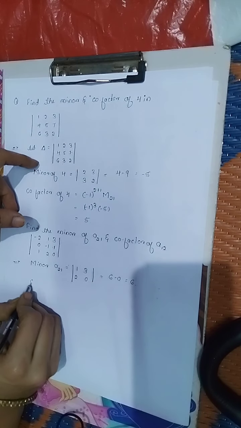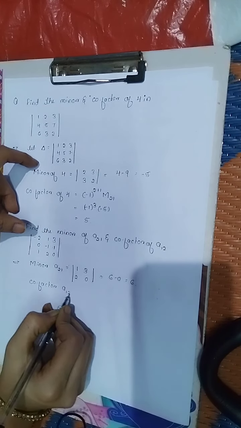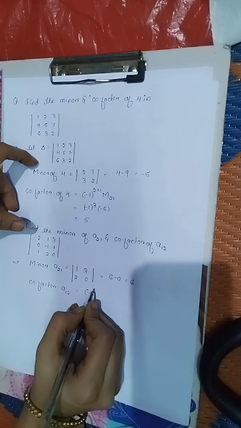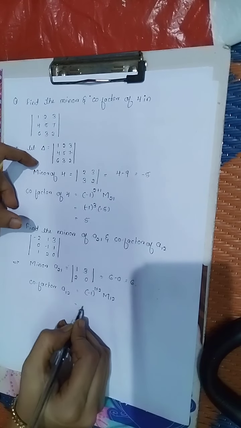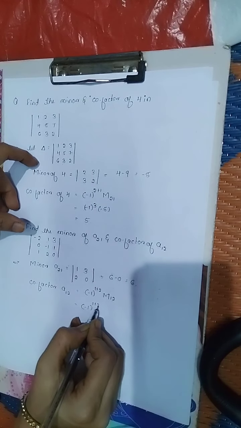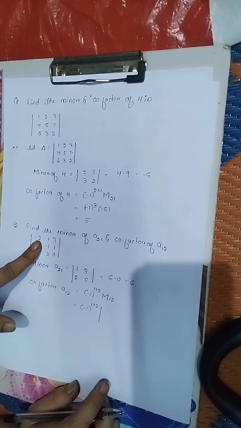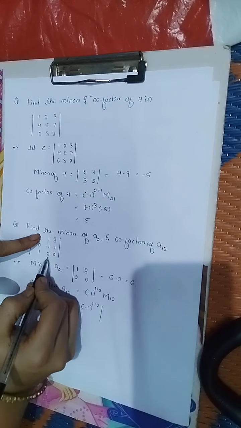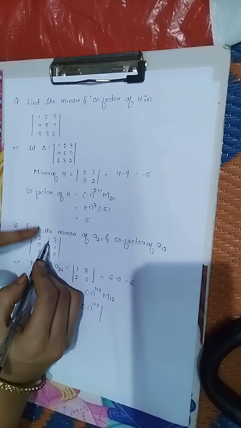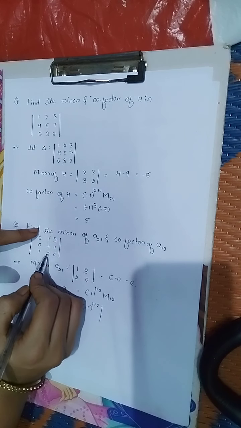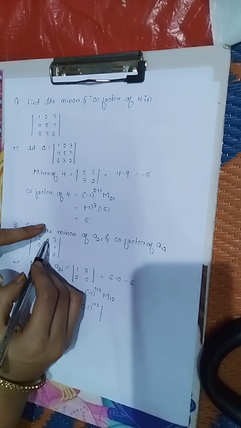And similarly we have to find the cofactor of A12. Cofactor of A12 can be defined as minus 1 to the power 1 plus 2 M12. M12 means first row, second column. Element 1 lies on first row, second column.